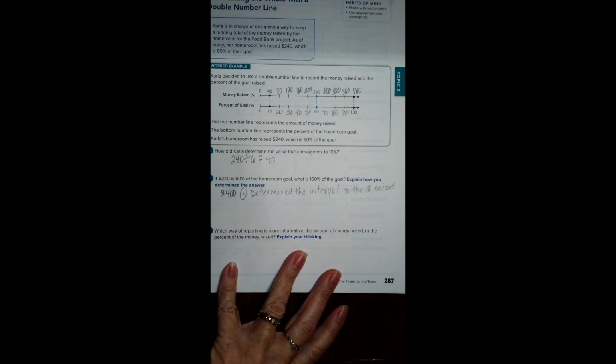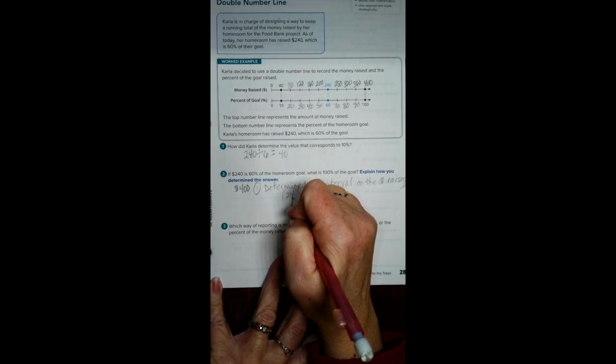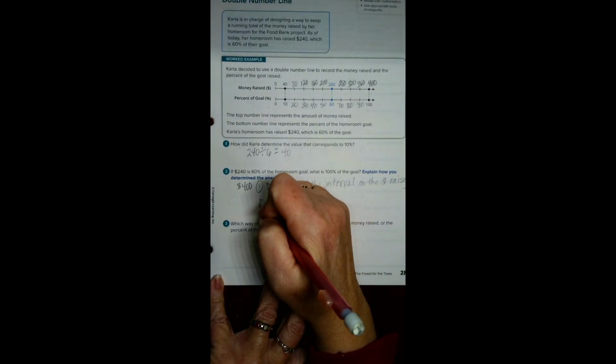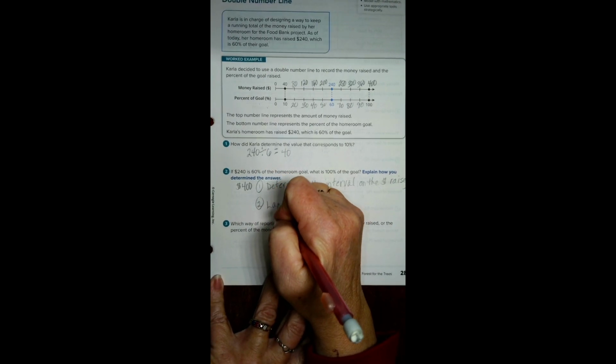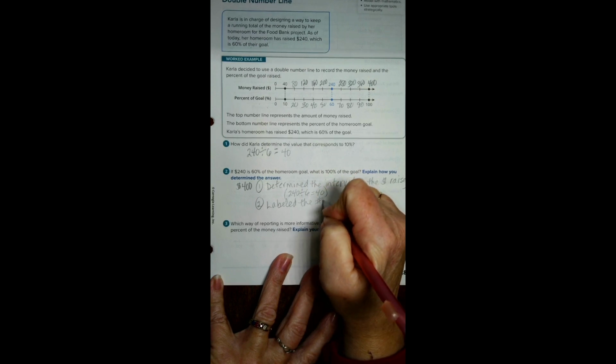Let's zoom out here. On the money raised number line, which was the 240 divided by 6, which equals 40. Then we labeled the number line and then we read it from there.